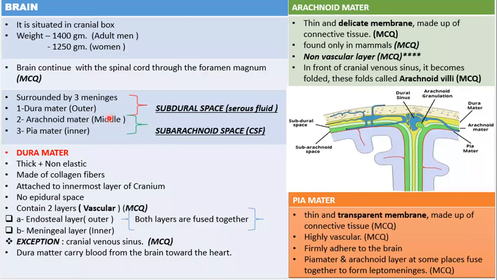Coming to the detailed part, first the basic feature of a brain is that it is situated in the cranial box. We have already discussed that the bones in the cranial box are 6: 1 frontal, 2 parietal, 2 temporal, and 1 occipital bone.